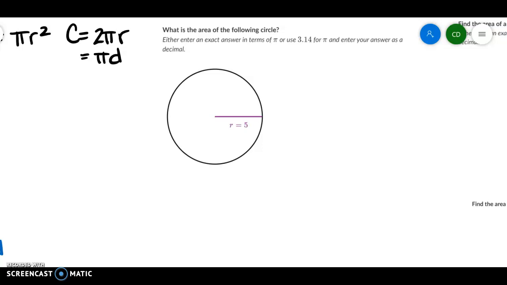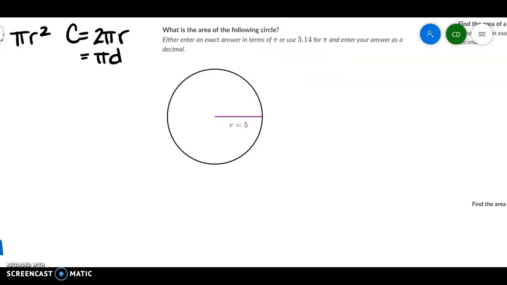When it says in terms of pi, that means don't multiply by pi. Okay? Just leave pi in your answer. Or you can use 3.14 for pi.